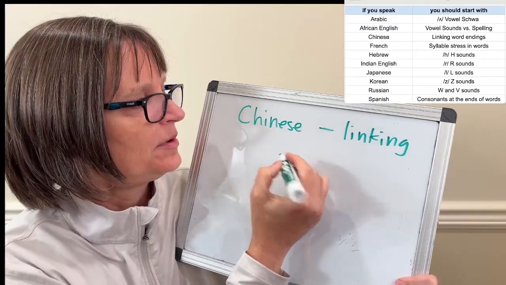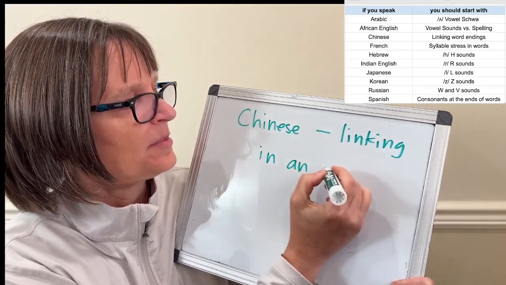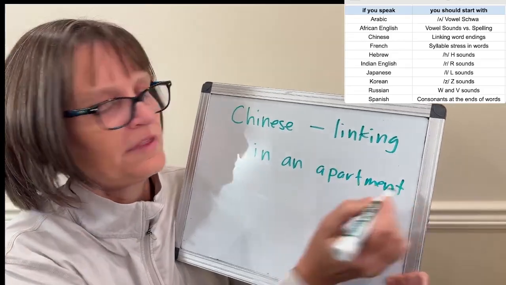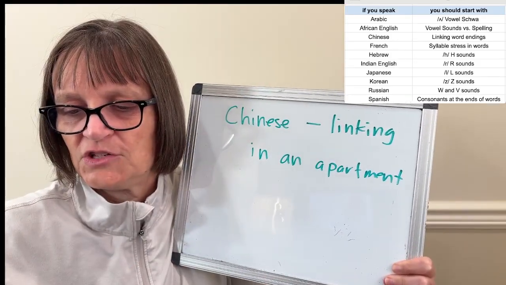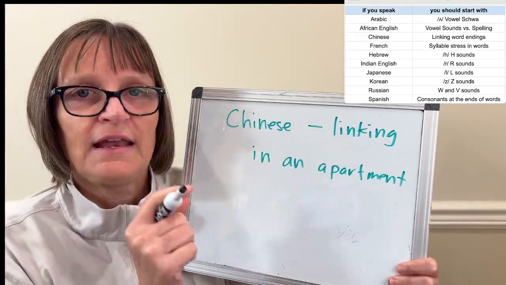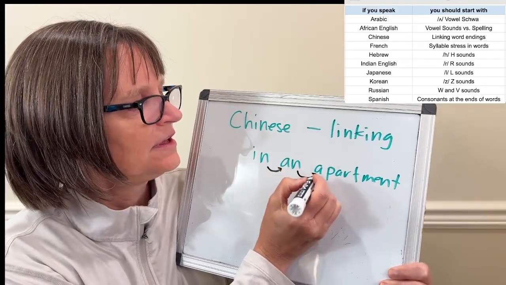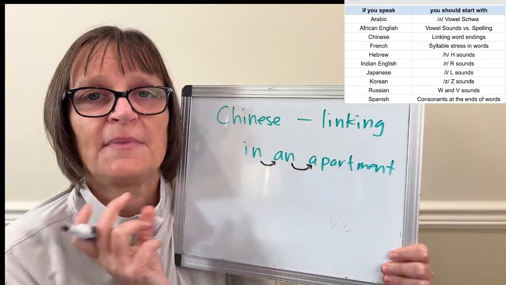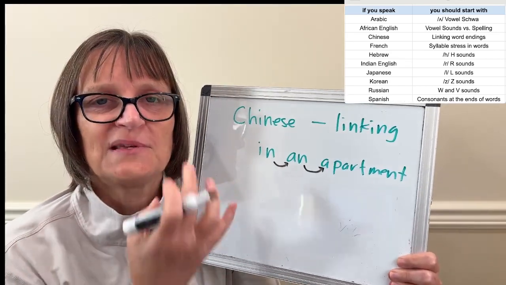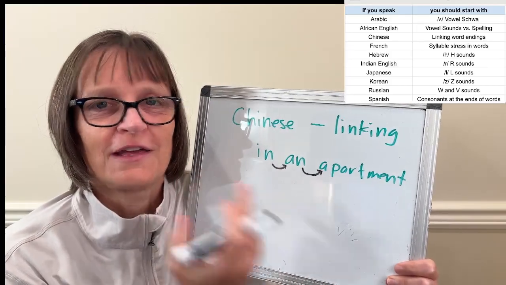So for example, if I had a phrase like "in an apartment," often the error that you'll hear from a Chinese speaker is that rather than "in an apartment," linking those N's to the next sound, those N's might drop, they might turn into NG sounds, and the linking is missing, sounds will drop, and it's much more word by word rather than linked.